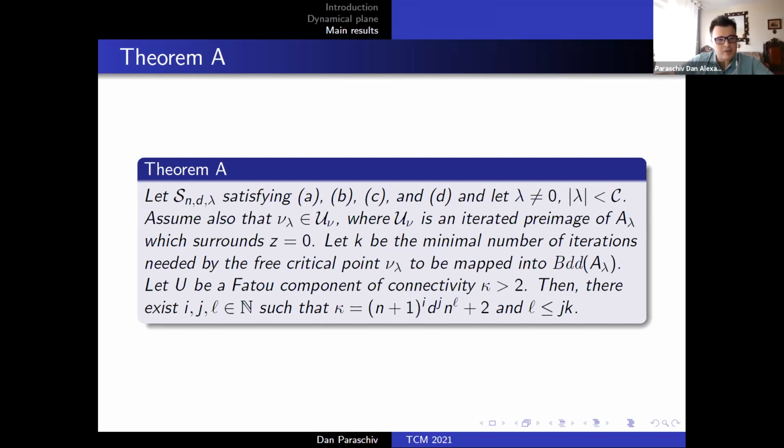Let U be a Fatou component of connectivity kappa. Then there exist some natural numbers i, j, l such that kappa is of the following form: (m plus 1) to the power of i, d to the power of j, n to the power of l, plus 2, where the exponent of n is smaller or equal than the exponent of d multiplied by the number of iterations needed by the free critical point to be mapped in the region bounded by the annulus.